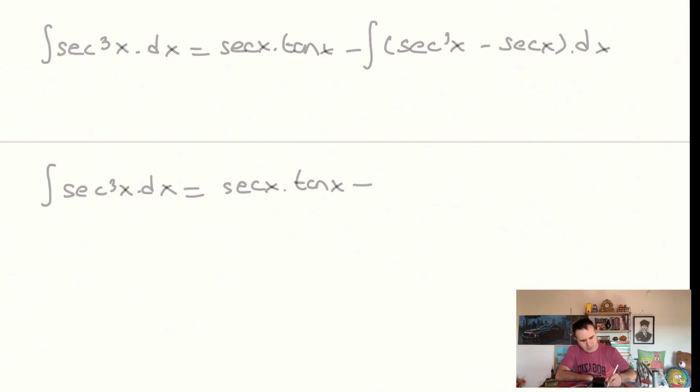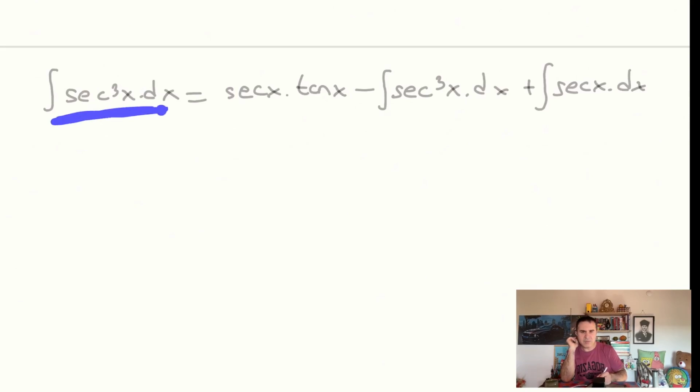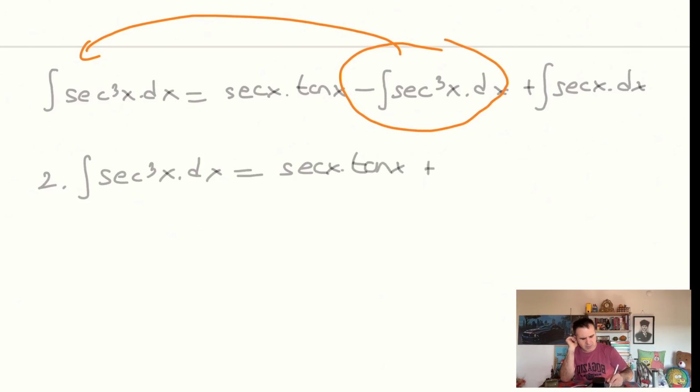This will be minus the integral of sec cube dx, minus becomes plus, plus the integral of sec x dx. Okay, as you see, we have the integral of sec cube x here and here. We will take this to here. Then 2 times the integral of sec cube x dx will be equal to sec x tangent x plus the integral of sec x dx.